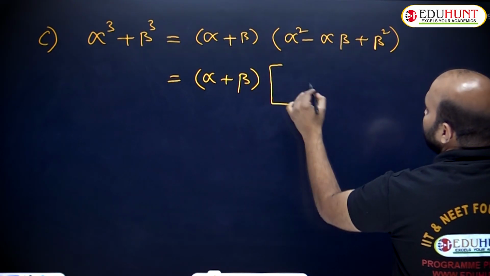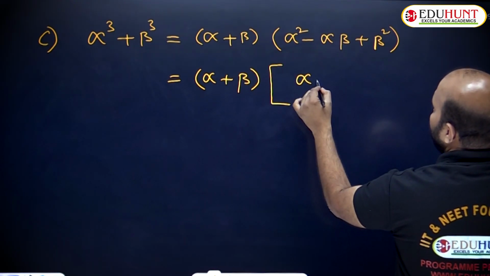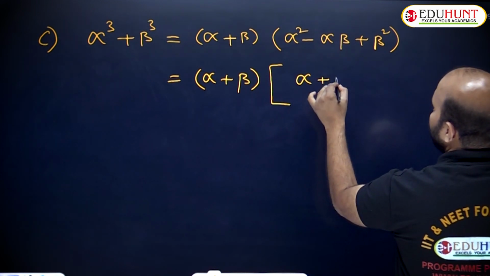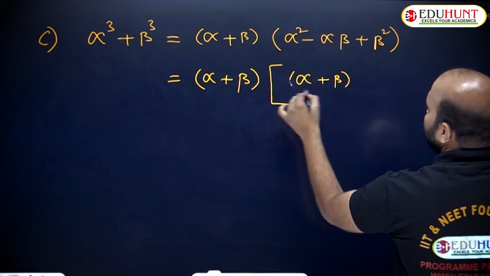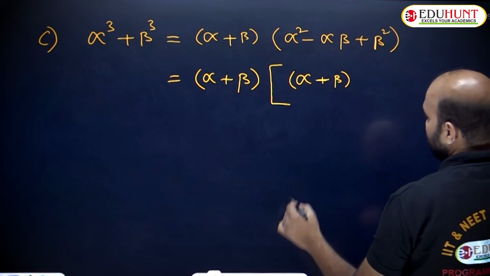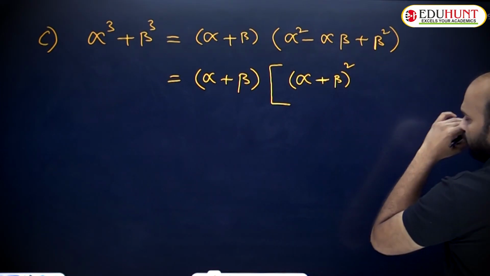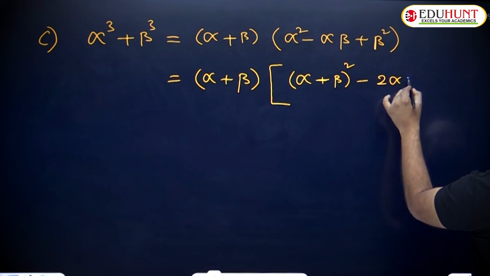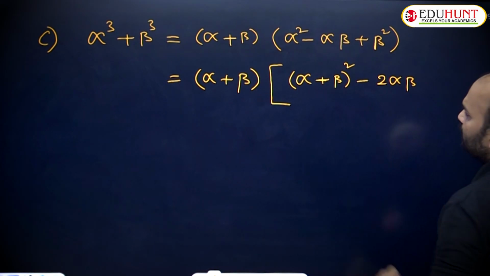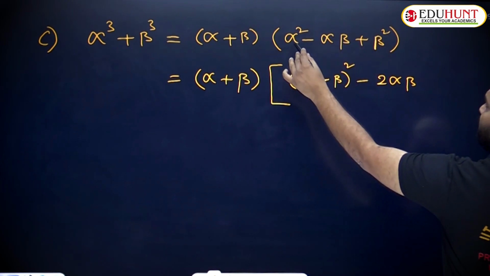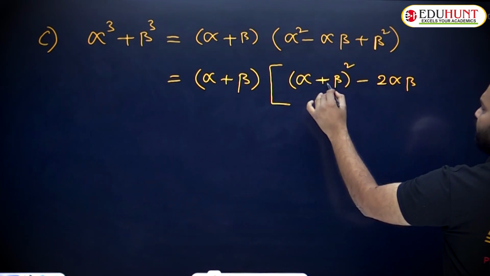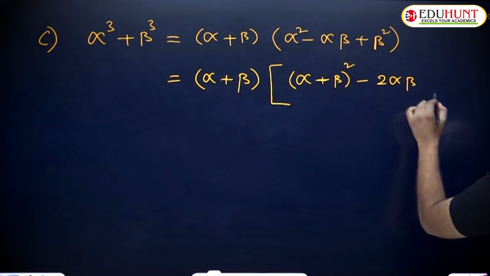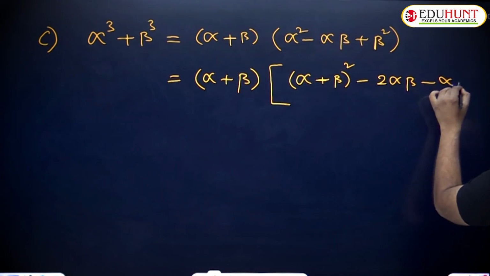It can be written alpha plus beta whole square minus 2 alpha beta. Am I clear? Alpha square plus beta square can be written alpha plus beta whole square minus 2 alpha beta, and the value of alpha square plus beta square minus alpha beta is left.